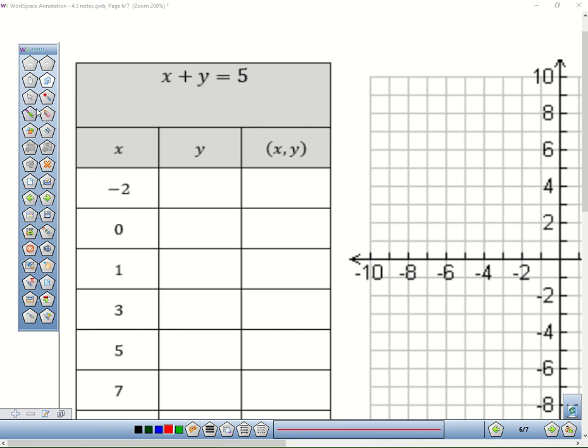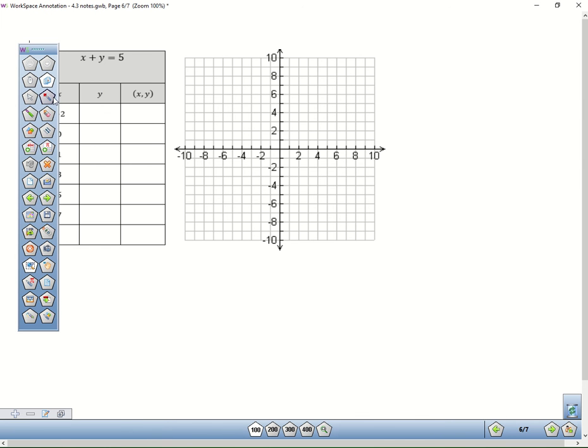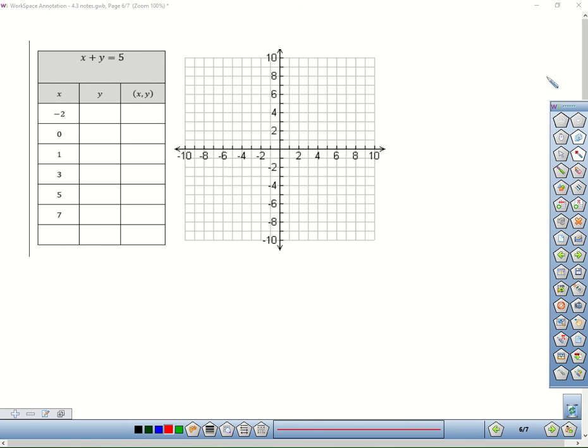Now we're going to do a graph. Well, that's what I'm here for, to show you how to do it. So, it gives you the x values and it wants you to find the y value, okay? So what you're going to do is you're going to plug in for the x and solve for the y. So the first x value it gives me is -2, right?